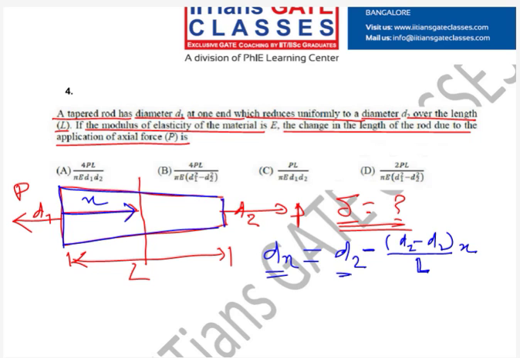How did I find dx? Is it clear? See, the change is uniform, so I can write what my initial diameter is. Now the change is reducing, so negative change. So total change over what length and at what distance?